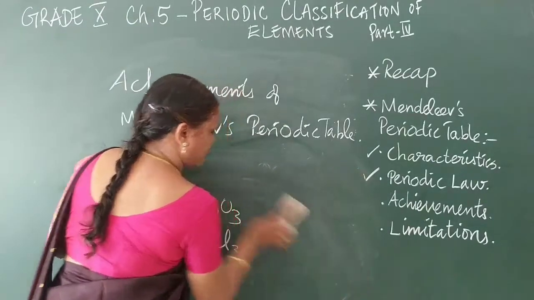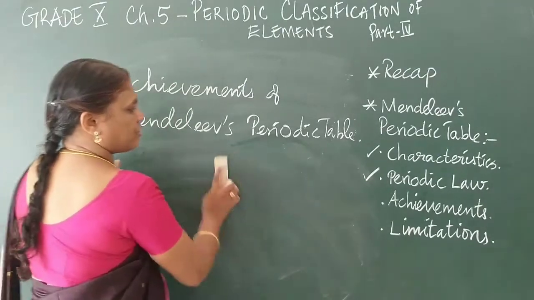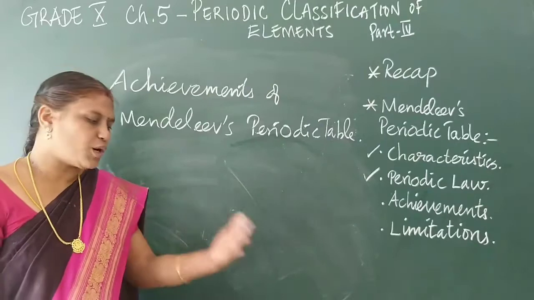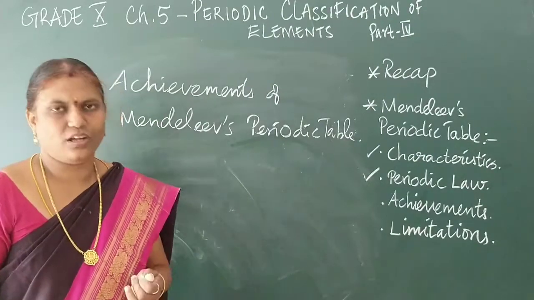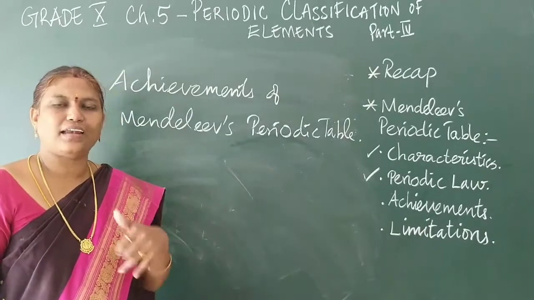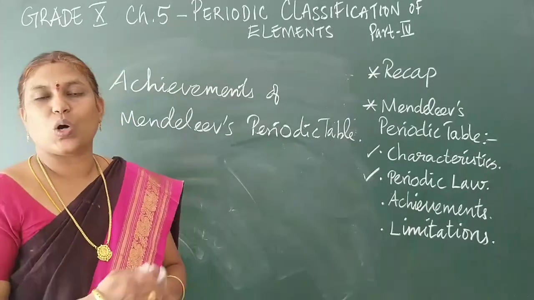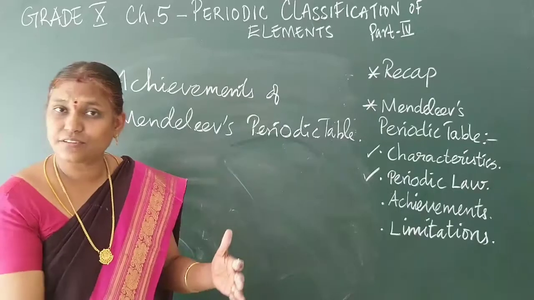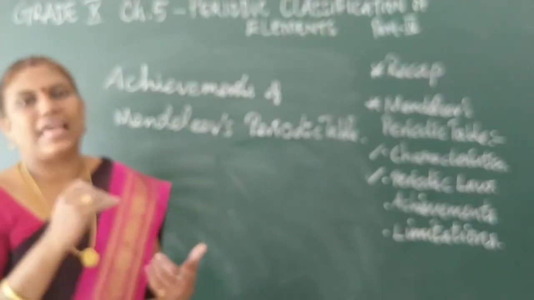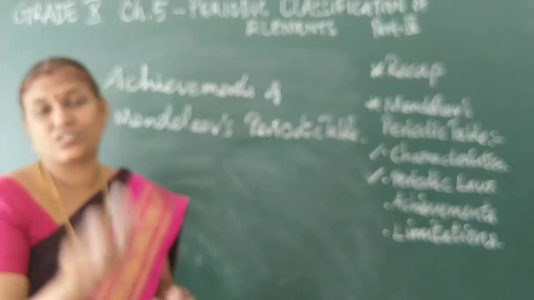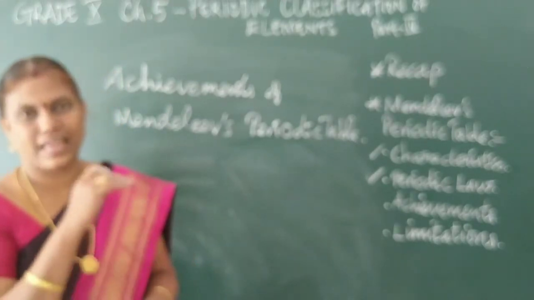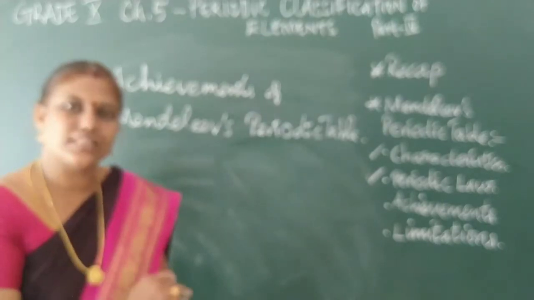Can you understand? Yes. The third one is when the noble gases were discovered. Noble gases are stable enough, and they will not react. He grouped the elements based on how they react with oxygen and hydrogen.